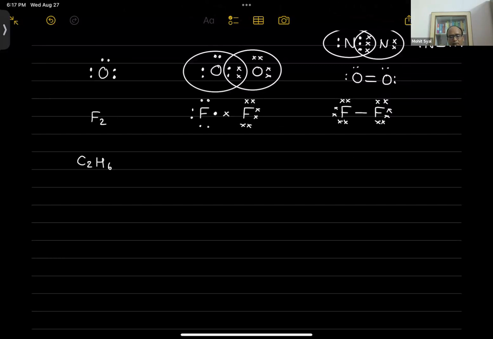So till now we were dealing with only two atoms. So I will try to figure out how it is going to form. CH3. Let's divide it into two parts. Is it clear? Yes, sir. CH3 and CH3.